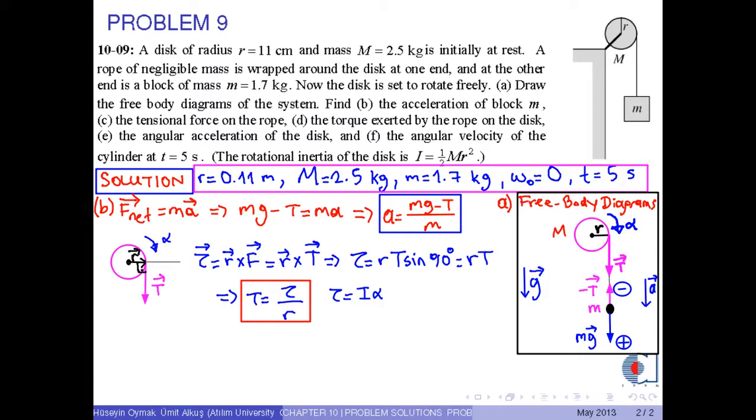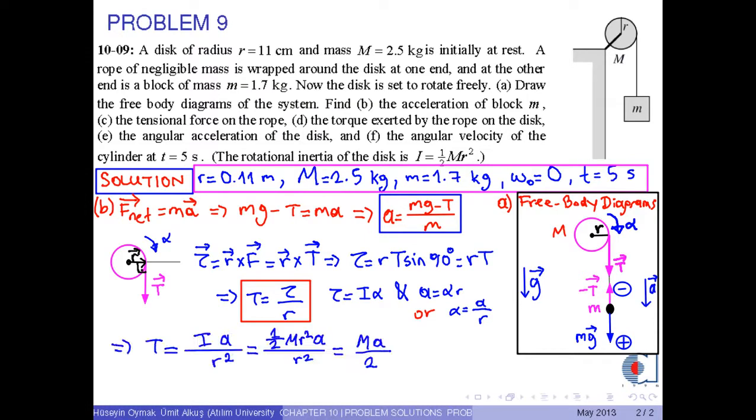And the expression for linear acceleration is a equals alpha times r, so alpha equals a over r. Then we put these values into tau and then into T to get T equals I times a over r squared. The rotational inertia of the disc is given as 1/2 times capital M times r squared.